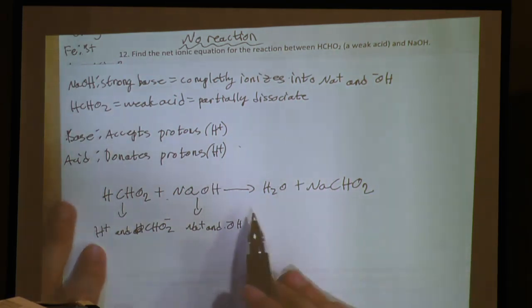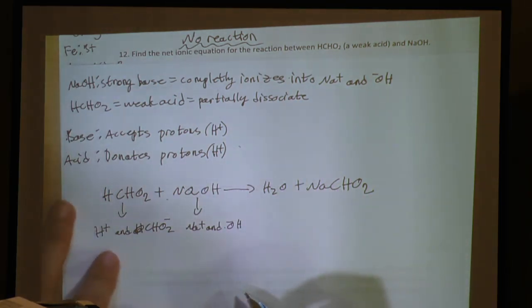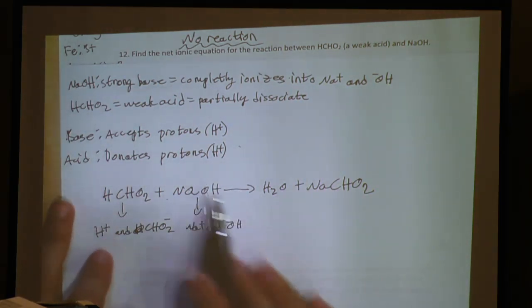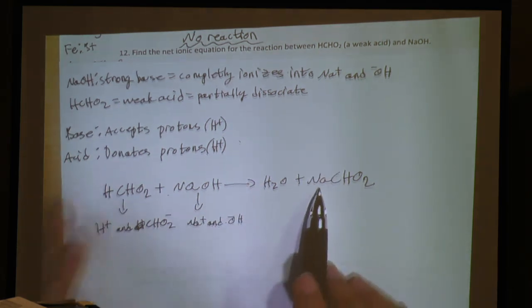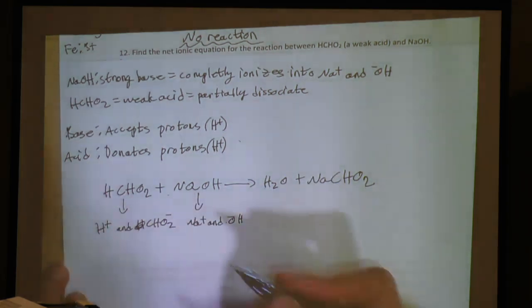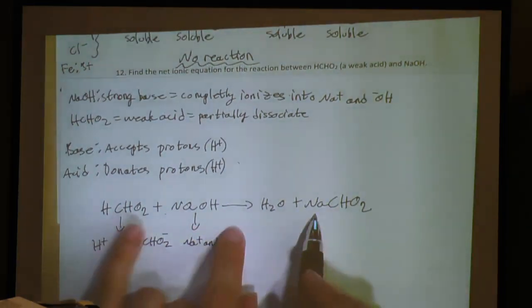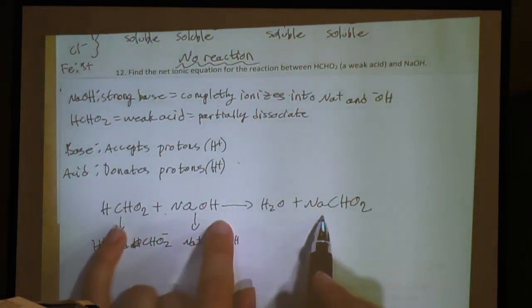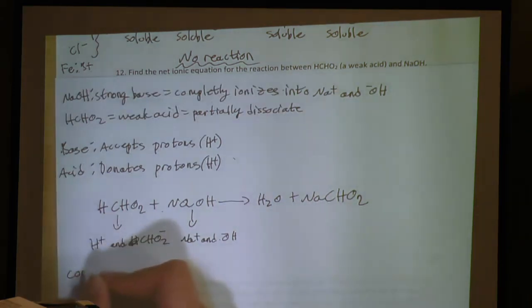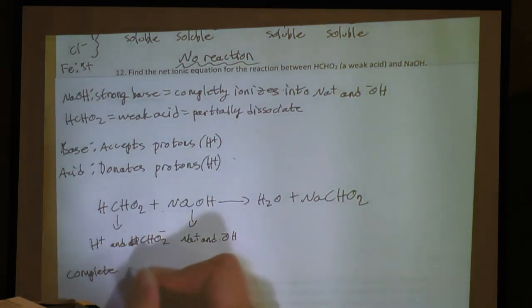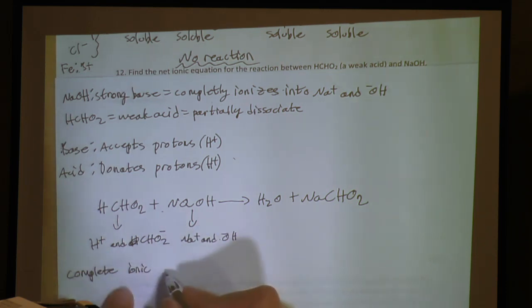So now, to find our net ionic equation, we have to see what these are going to break up into. For net ionic equations, we ionize everything that we can ionize to find our complete ionic equation.